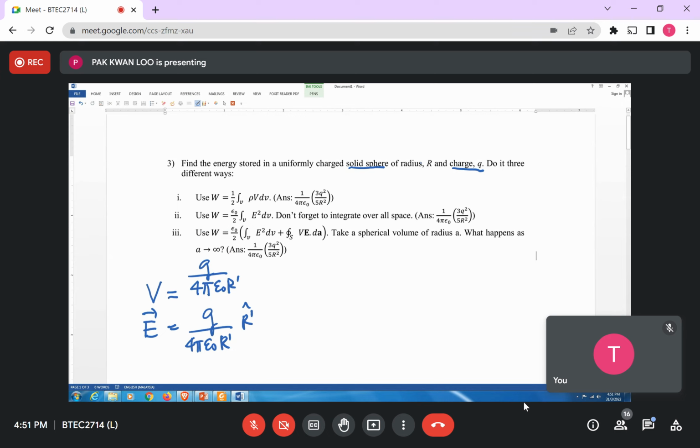So the charge density, rho V, would be Q divided by 4 over 3 pi R cubed. So there's the charge density, right?